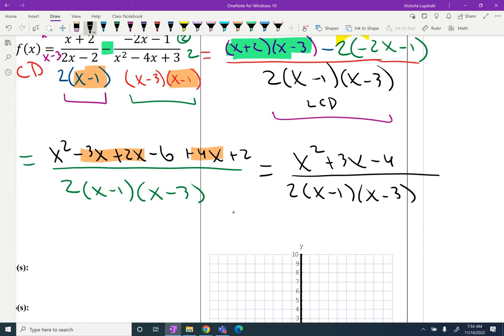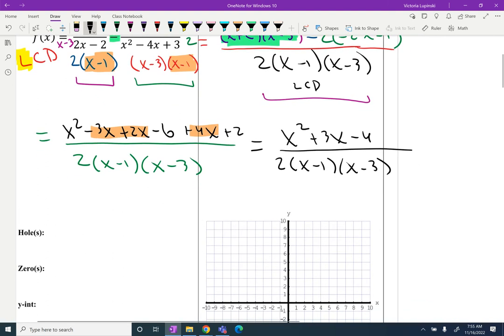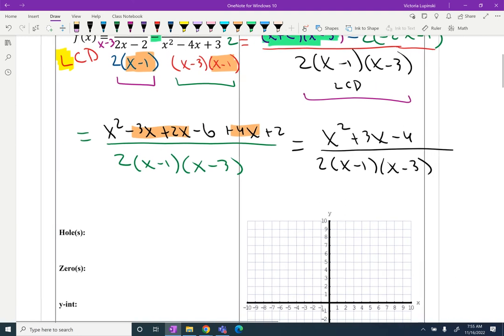And then if you are ultimately going to graph this, just like we did yesterday, you have to factor one more time if possible. So on the top, factors of negative 4 that add up to be positive 3. What do you think? Positive 4 and negative 1 all over. I'm just going to give myself a little bit more room here.